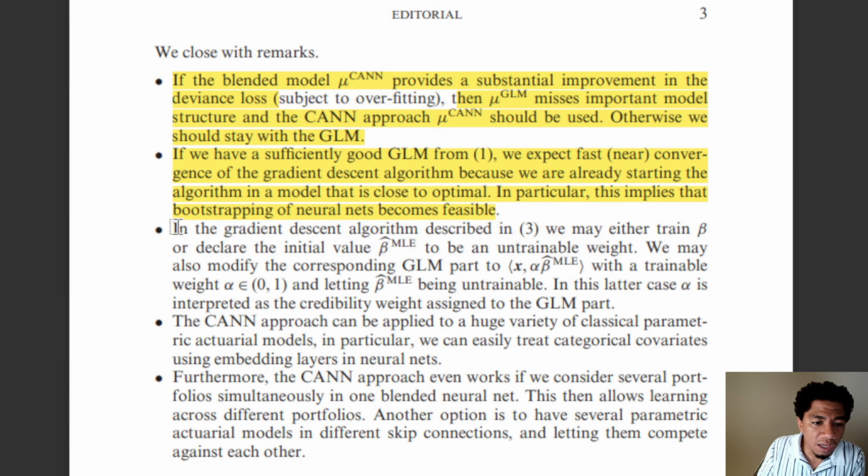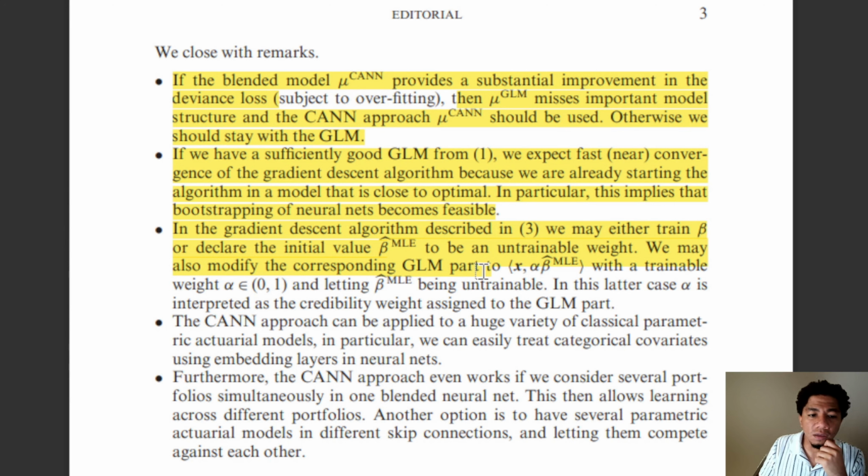Then they continue to say, in the gradient descent algorithm described in 3, we may either train beta or declare the initial beta to be an untrainable weight. We may also modify the corresponding GLM part. So they're really saying, remember the GLM part, those parameters in the GLM were essentially fixed. That means they don't change when you're training the neural network, but they don't have to be fixed, they can change, right?